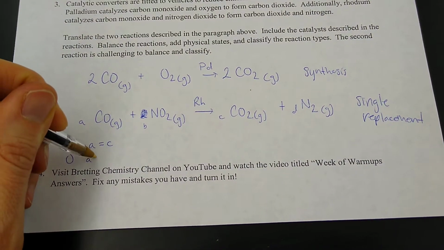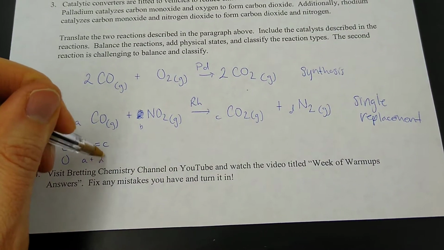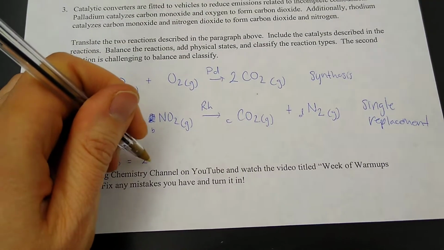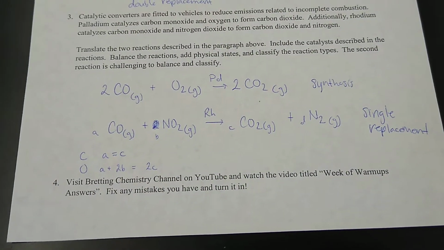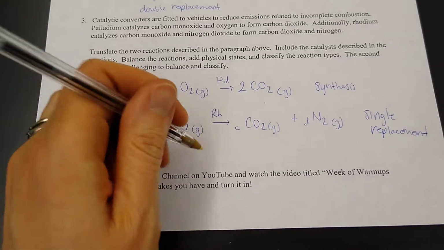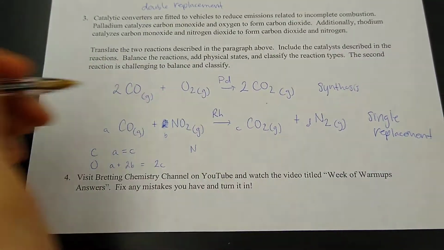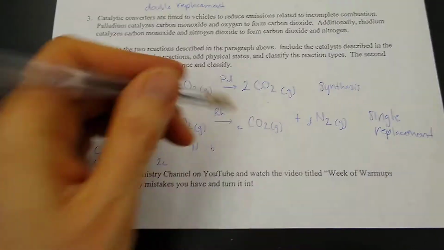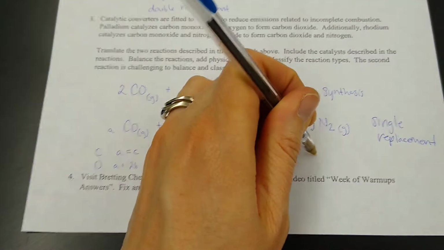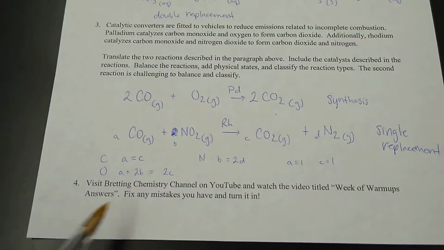I have A plus 2B, and that has to equal 2C. Okay, otherwise my oxygen will not be balanced. And then finally nitrogen, I have B on this side. That has to equal 2D. Okay, set A equal to 1, and then I automatically get C equals 1.